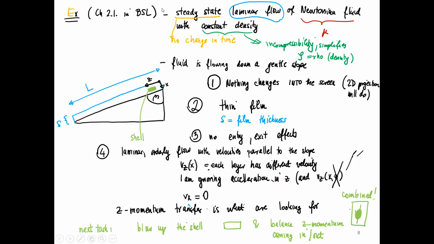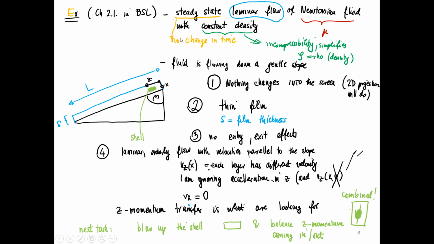So this is what we started working with for a thin film going down an inclined plate. I have beta as the angle of the plate. It's really a very low angle. Okay? So I'm assuming that my fluid is very ordinary. It's a laminar flow of Newtonian fluid, so it's described with a simple viscosity.